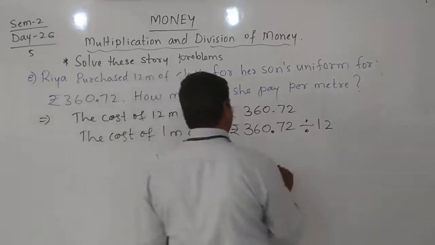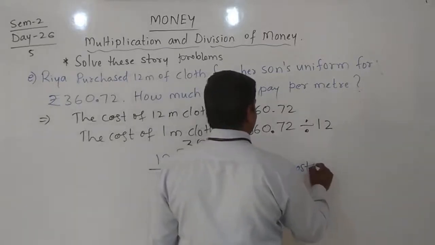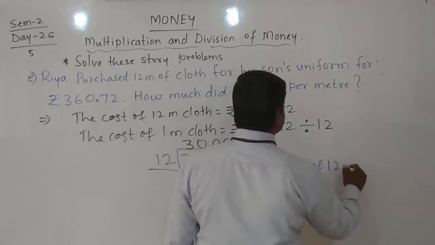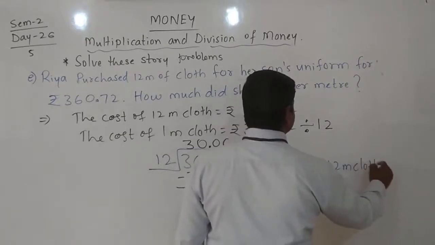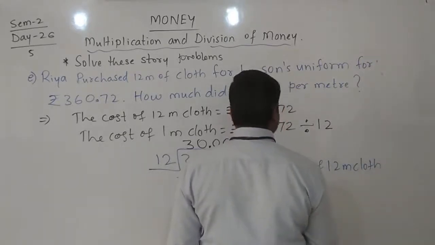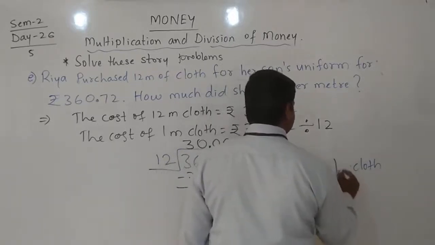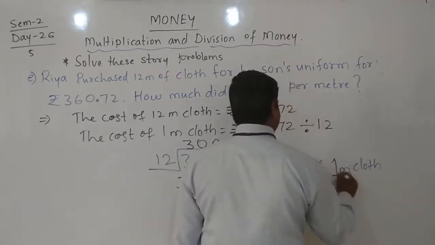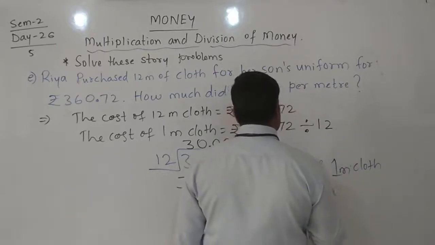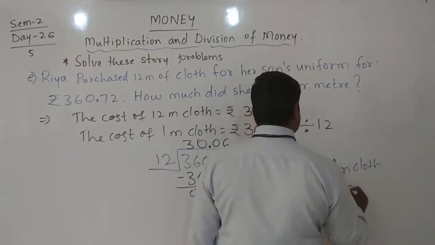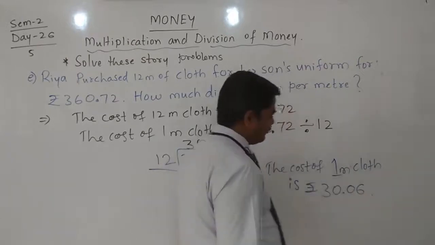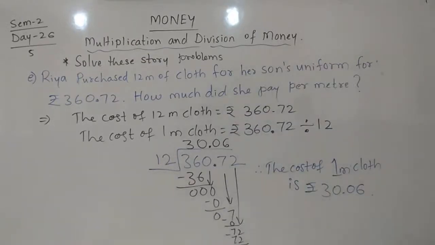Therefore, the cost of 1 meter cloth, not 12 meter, is rupees 30.06. Yes, write down this one also.